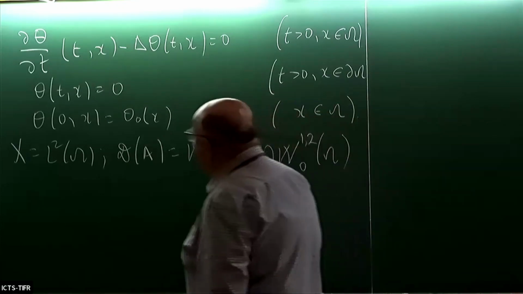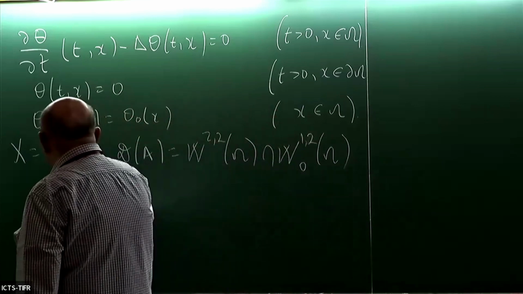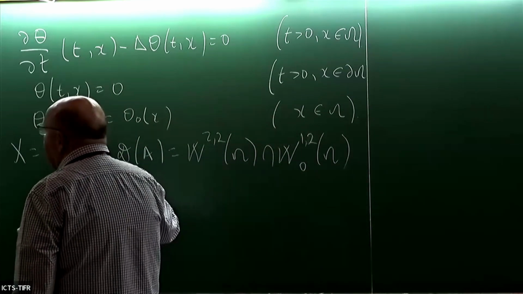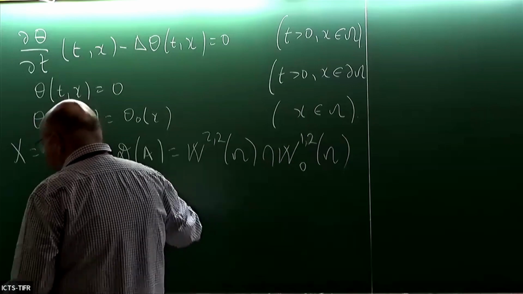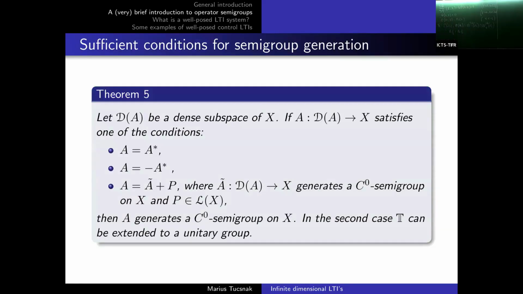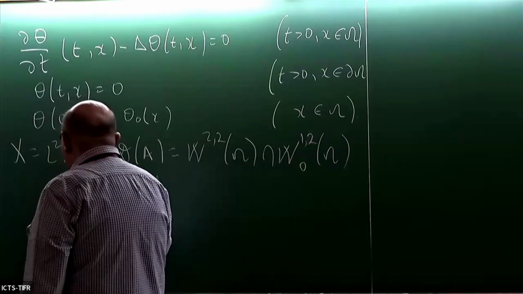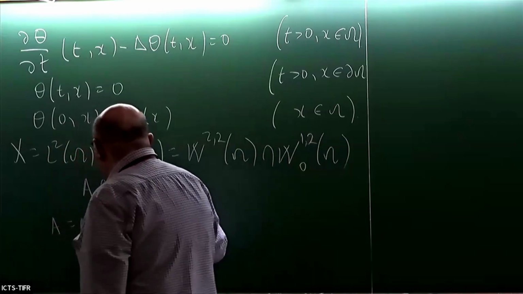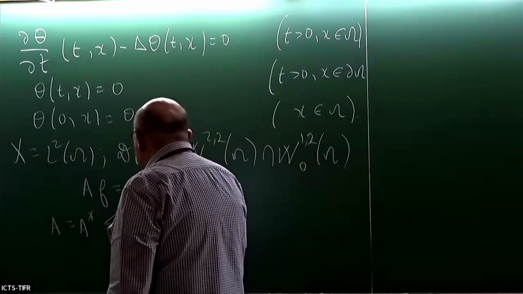My operator A f will be the Laplacian of f. Maybe I forgot something important. Now that I write it, I forgot something very important. A equal to A star is not enough to have a semigroup. I should say A is equal to A star and smaller than a multiple of the identity.